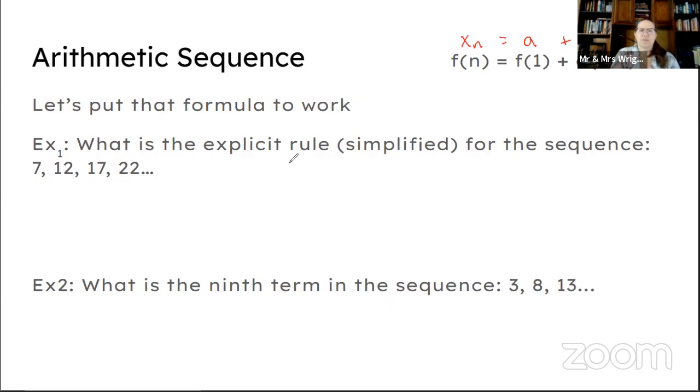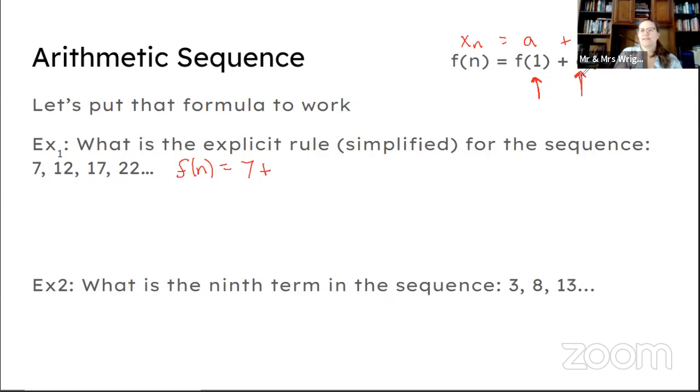What is the explicit rule in its simplified form for the sequence 7, 12, 17, and 22? So we're just going to start plugging stuff in. We're going to leave f of n as the answer. Right here, we need to input the first term. The first term in this case is 7, plus, okay?